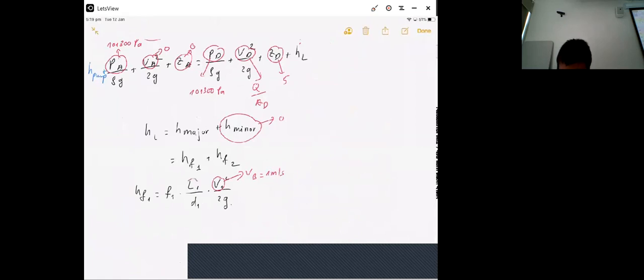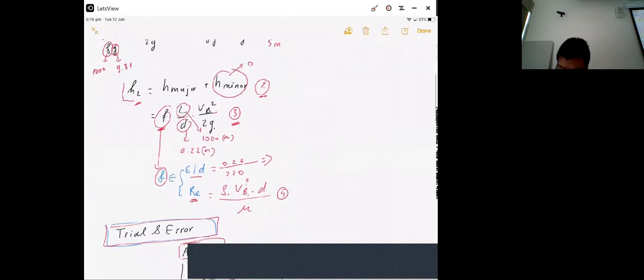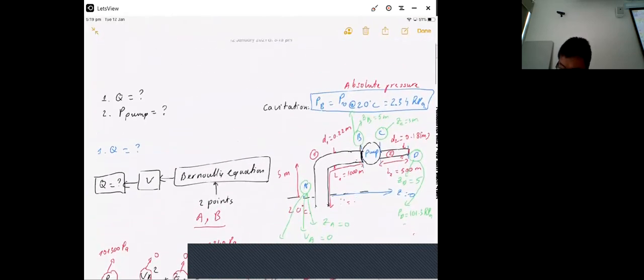L1 we have is 1000 meter. D1 is 0.22 meter.